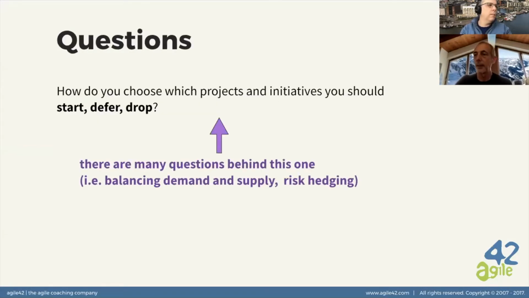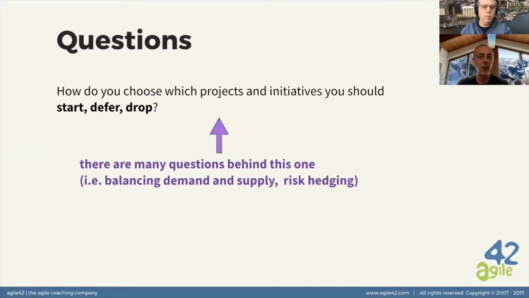So, in a nutshell, portfolio management is about how an organization selects initiatives and projects and how successfully it can deliver them to achieve its strategic objectives. There are a number of questions that we need to answer to make this happen.